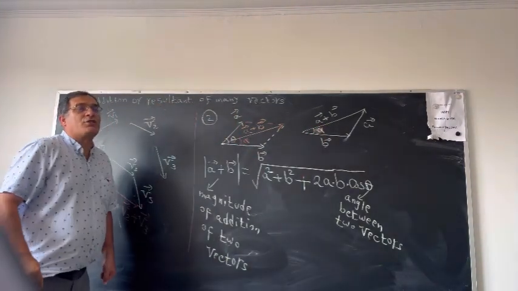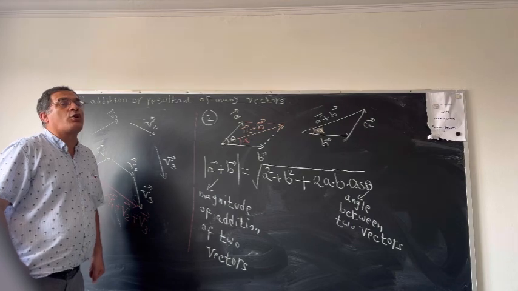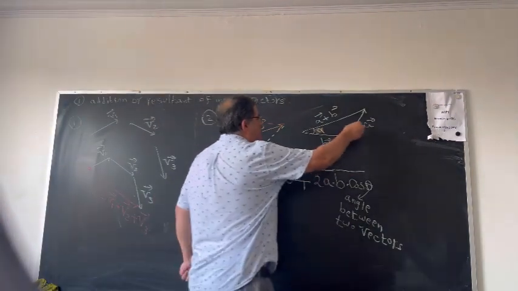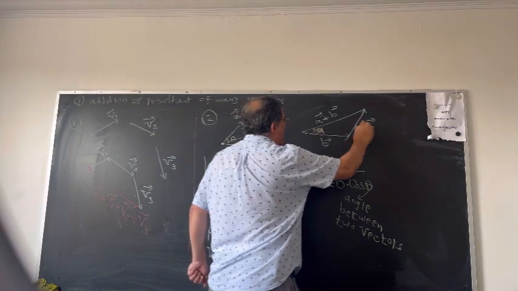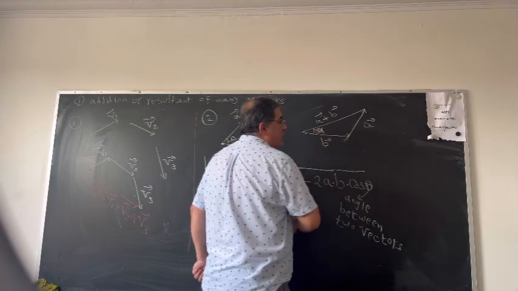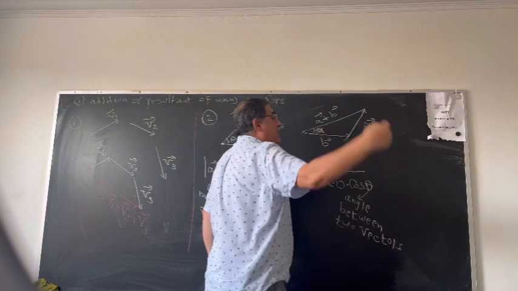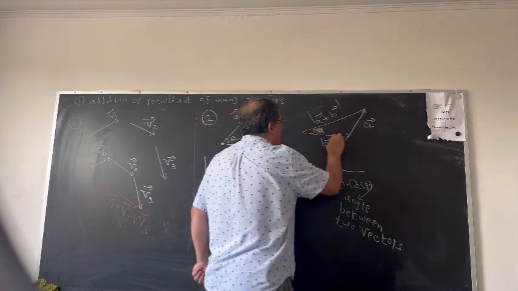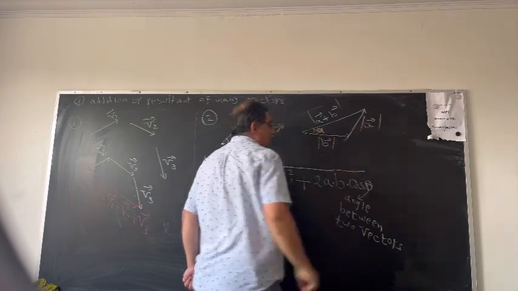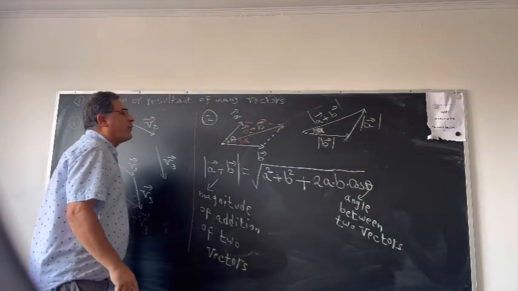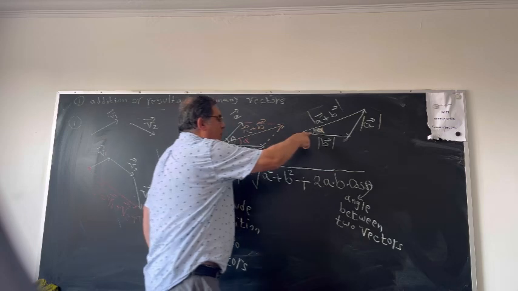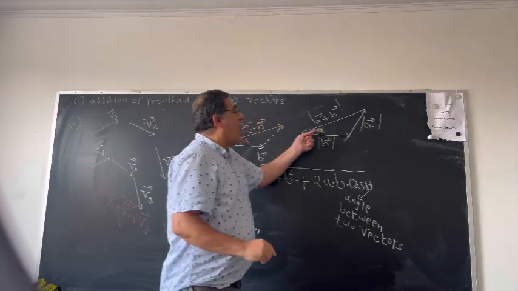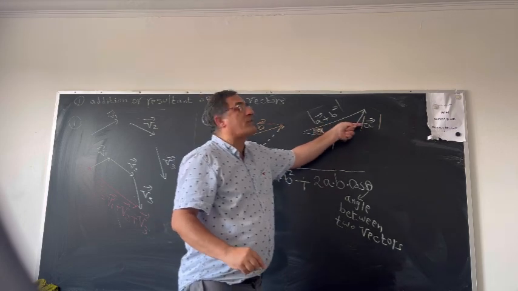In this case, you can use sine law or cosine law. Because the question already gives you the magnitude of vector A, the magnitude of vector B, and you calculate the magnitude of A plus B. So you want to find the angle alpha. I want to use cosine law. Angle alpha is opposite which side?